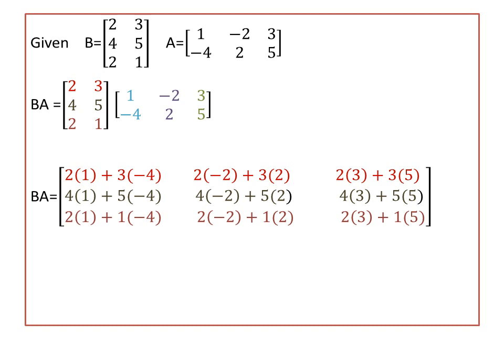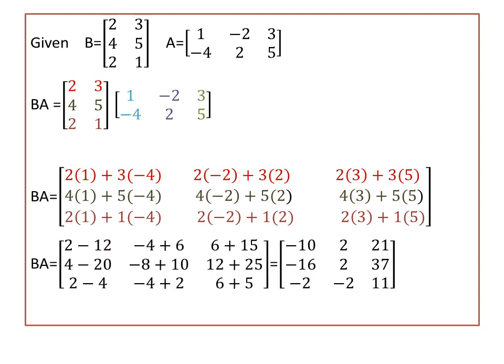Then last, third row of matrix B to the first column of matrix A gives 2 into 1 plus 1 into minus 4. Third row of B to the second column of A is 2 into minus 2 plus 1 into 2. Third row of B to the third column of A gives 2 into 3 plus 1 into 5.